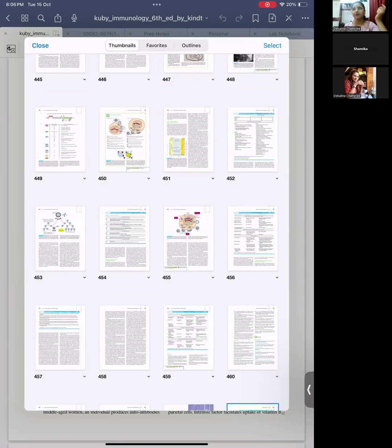For the adaptive system, you have to remember the cells of it, the receptors of it, how it develops, how it achieves the tolerance components. Then you have to recall what the effector molecules of the adaptive immune system are and how they are talking to the effector response molecules of the innate immune system. In this overlapping segment, we have the complement pathway, ADCC and the opsonization pathway.